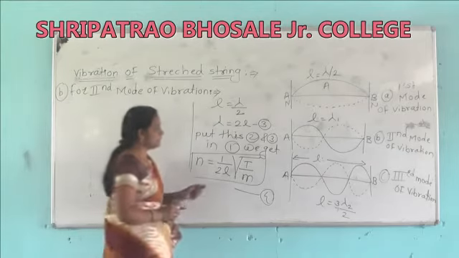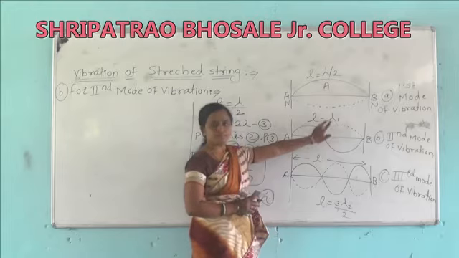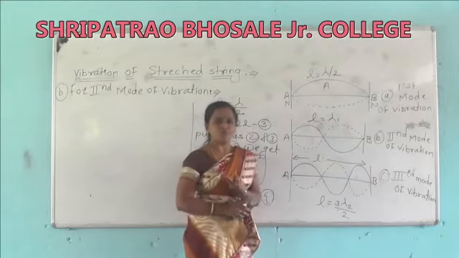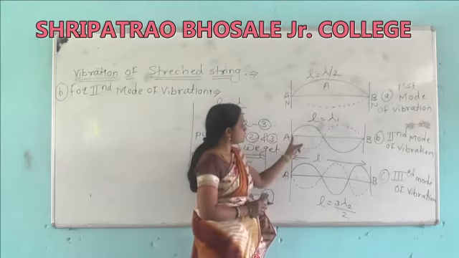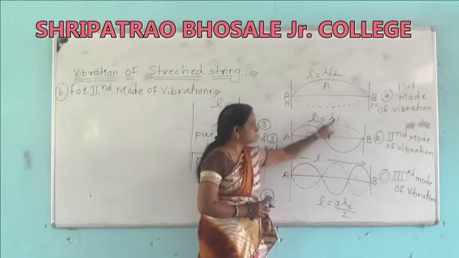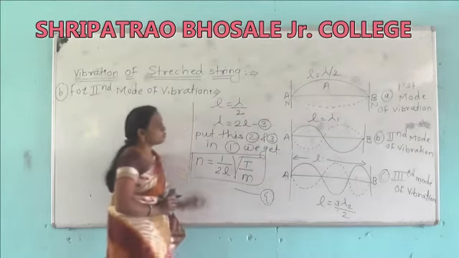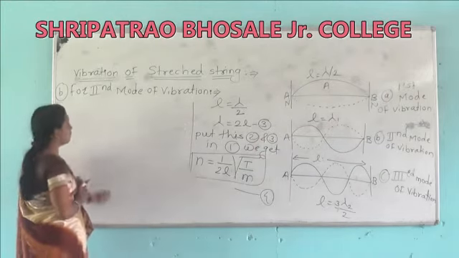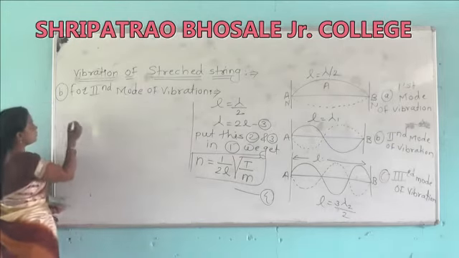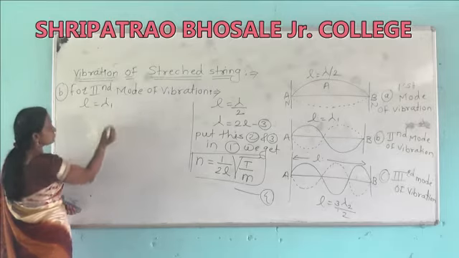Here we can see the distance is lambda 1, that is 2 loops are formed. The distance between two successive nodes is lambda by 2, here we get lambda 1. This is the distance for 2 loops, so we can consider here L is equal to lambda 1.